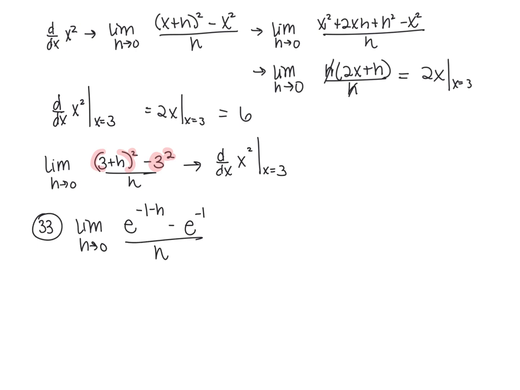over h. Okay, so if we notice that this should fit the pattern of the limit definition of a derivative, which is f of x plus h minus f of x over h, then what this problem is actually asking me is to find the derivative with respect to x of e to the negative x evaluated when x equals 1.